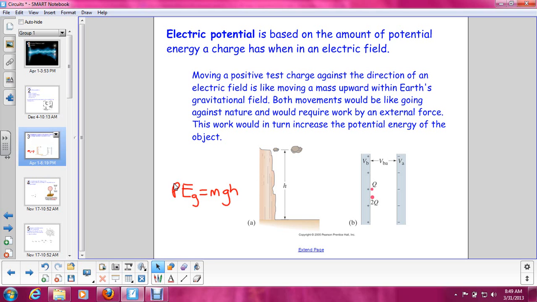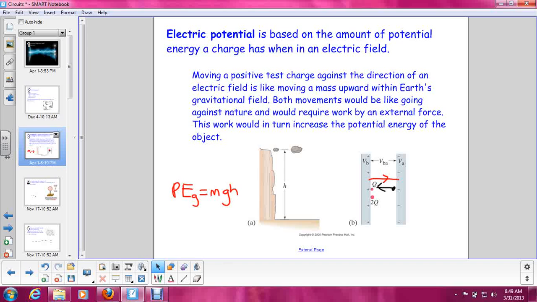When we move a positive test charge against the direction of an electric field, because remember, the electric field always starts on the positive and ends on the negative this way, that's like picking a giant rock up and moving it upward off the ground.